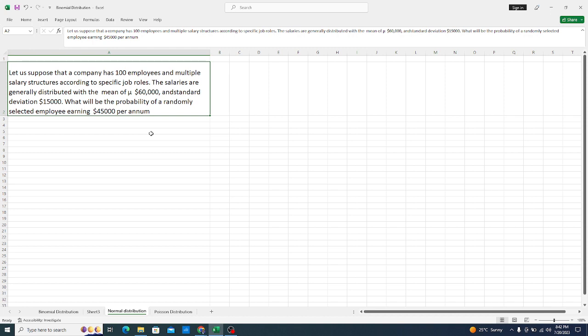So this is the example which I want us to handle today, and it's an example that is related to employees, that is salary. Let's suppose that we have a company with roughly 100 employees.